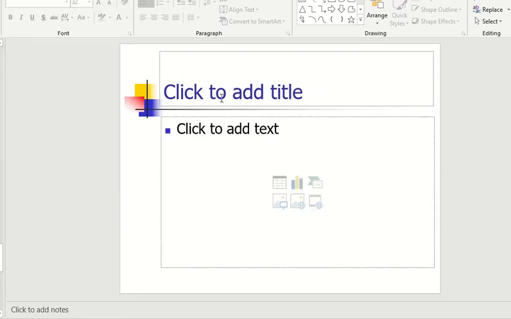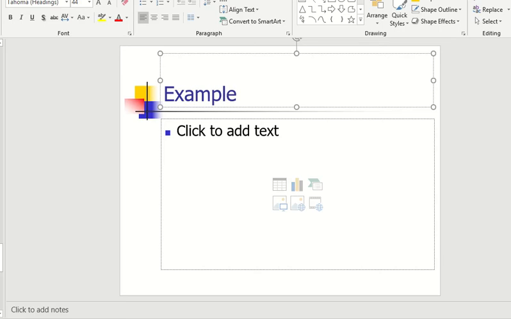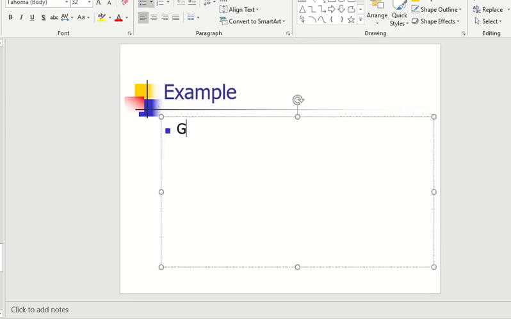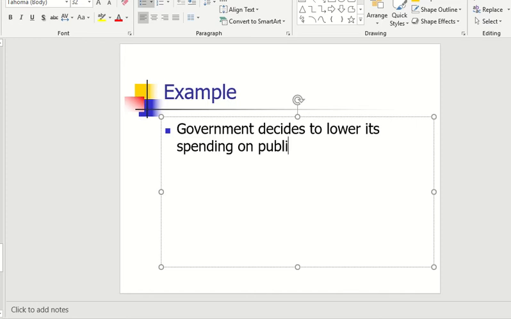So here we go. We have an example. Government spending decreases. Government decides to lower its spending on public infrastructure next fiscal year.